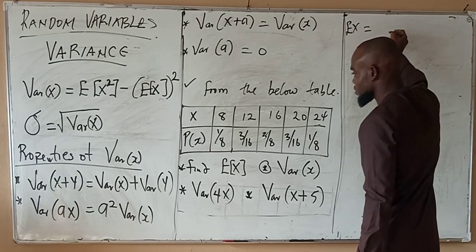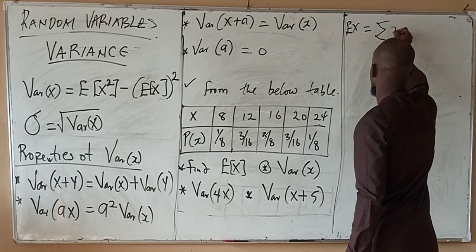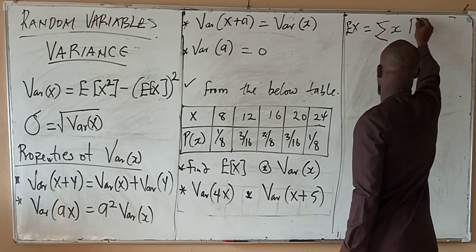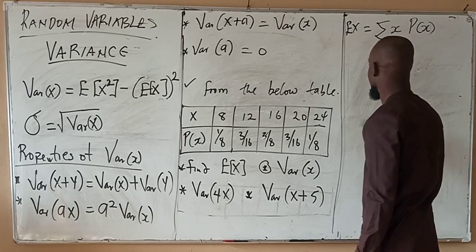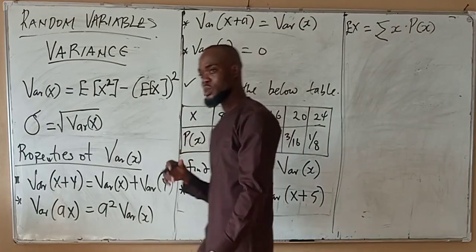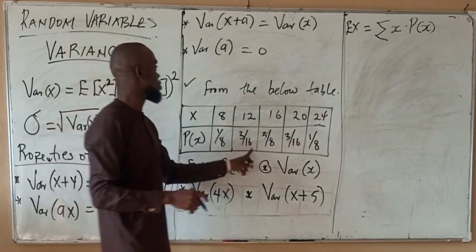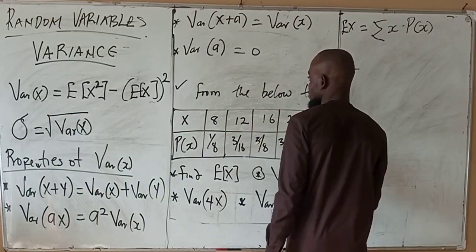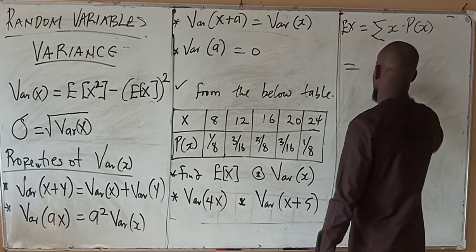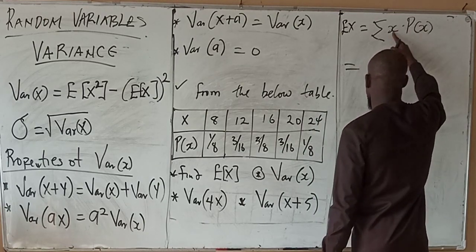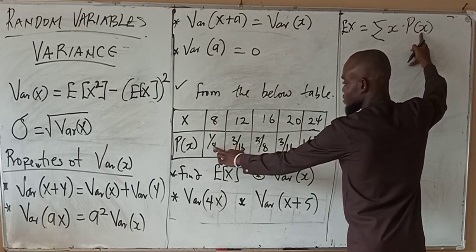Expectation of x will be the summation of x times probability of x. Remember that for a discrete distribution, we use x to multiply probability of x. So take x, take probability of x. This one is x, this one is probability of x.